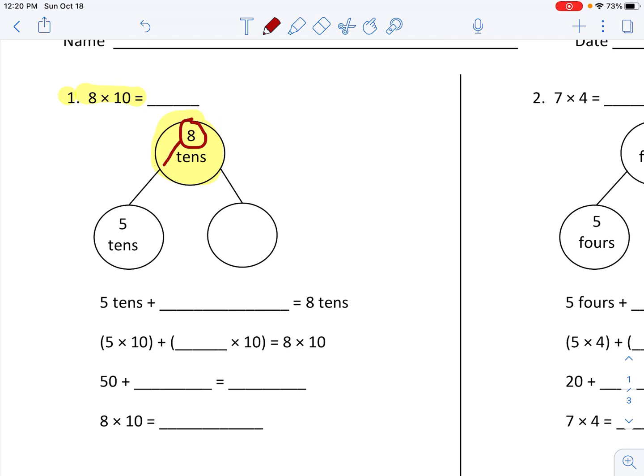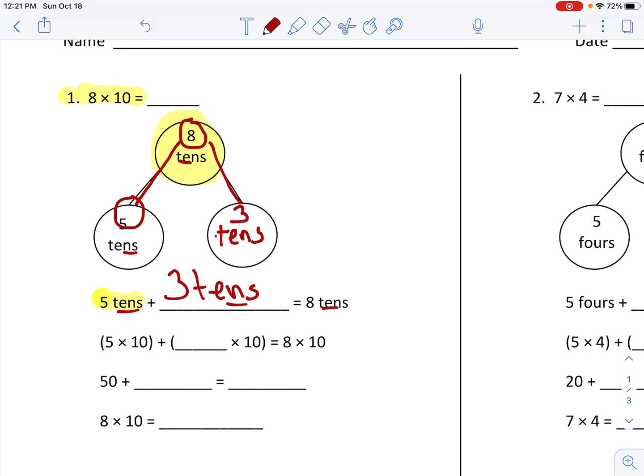If I think of the number 8, I can split the number 8 into a 5 plus a 3. Now, because I'm measuring in tens, this means 8 tens, 5 tens, and I'm going to label this 3 tens. So now if I think about the problem down here, it's telling me I have 5 tens plus 3 tens equals 8 tens.